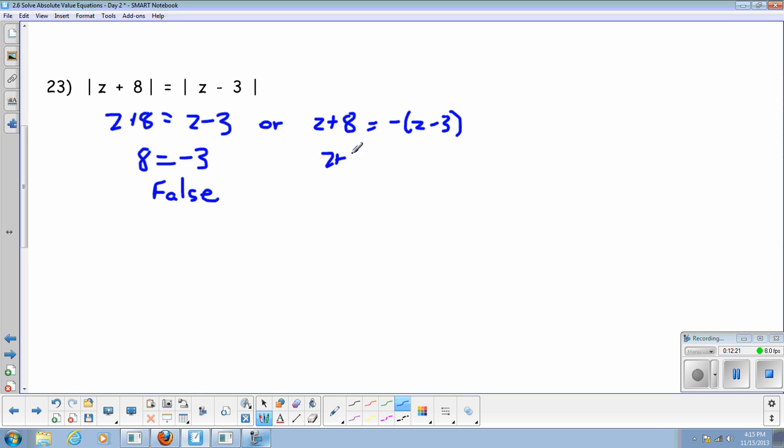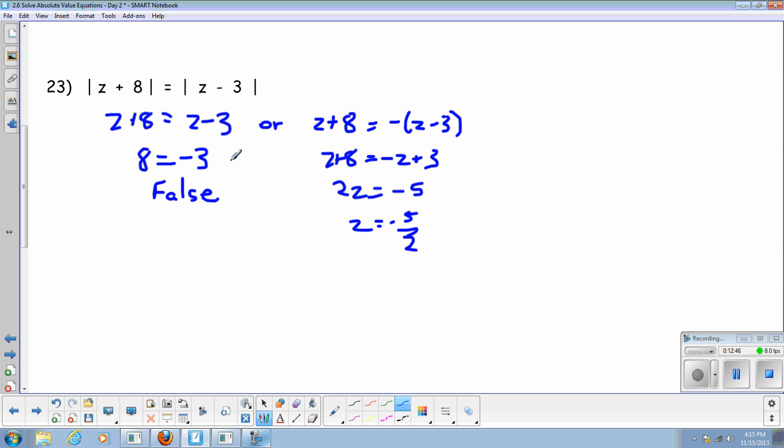Z plus 8 equals the opposite of z minus 3. Add z to both sides, 2z. Subtract 8 from both sides, negative 5. Divide by 2, negative 5 halves.